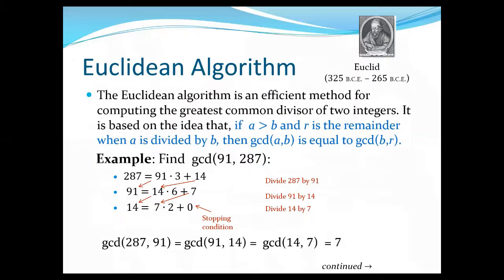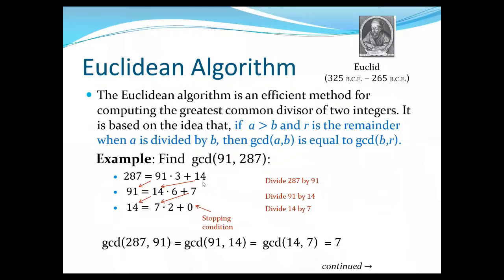For example, we're going to get the GCD of 91 and 287. We divide 287 by 91 using the division algorithm. So 287 is equal to 91 times 3 plus the excess 14.